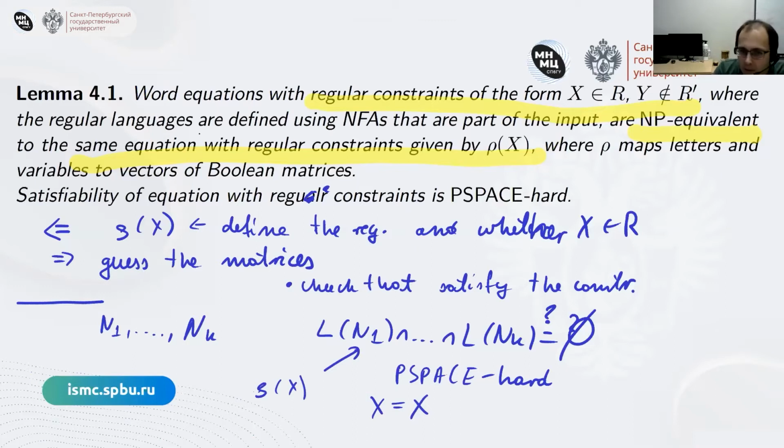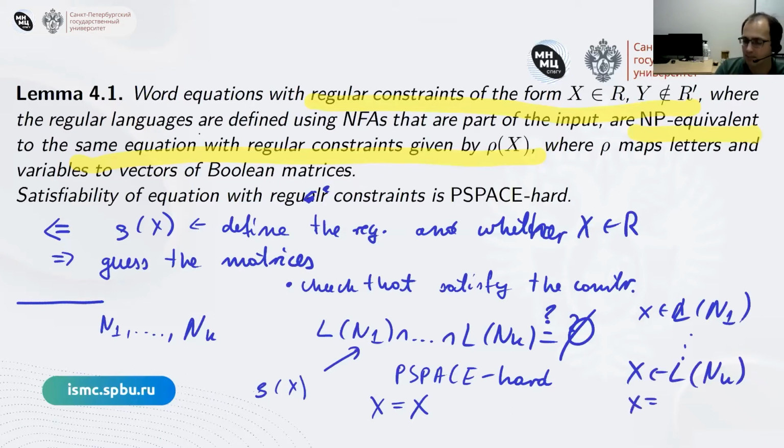Or alternatively, we could just list the constraints that x is in the language of N1 up to x is in the language of Nk, and again ask whether this equation x equals x is satisfiable. Okay, so this shows the reduction to our word equations with constraints. So it's also PSPACE-hard.